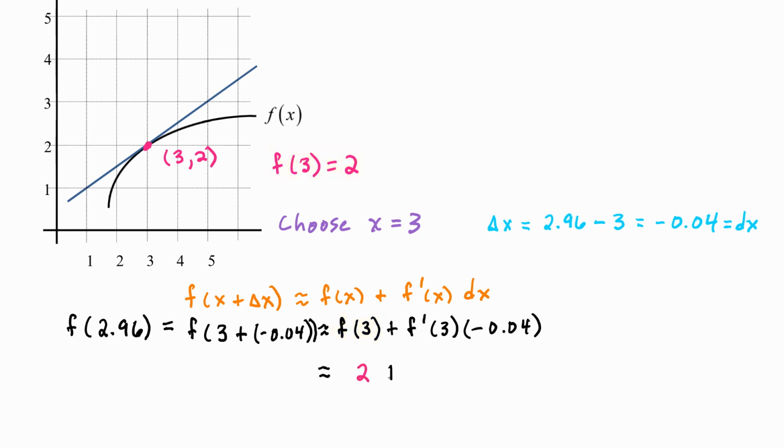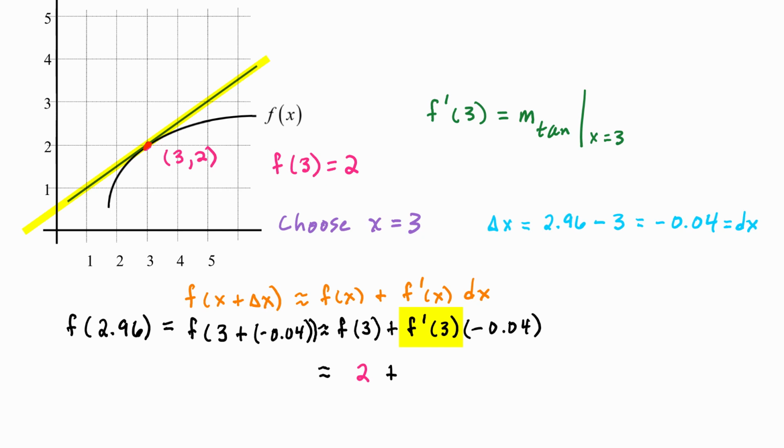And we need to add to that f prime of 3, which we need to figure out using the graph. Now remember that f prime of 3 is going to be the slope of the tangent evaluated at x equals 3. If we look at this graph, here's the tangent line, and it's tangent to our graph at exactly the point we're interested in.